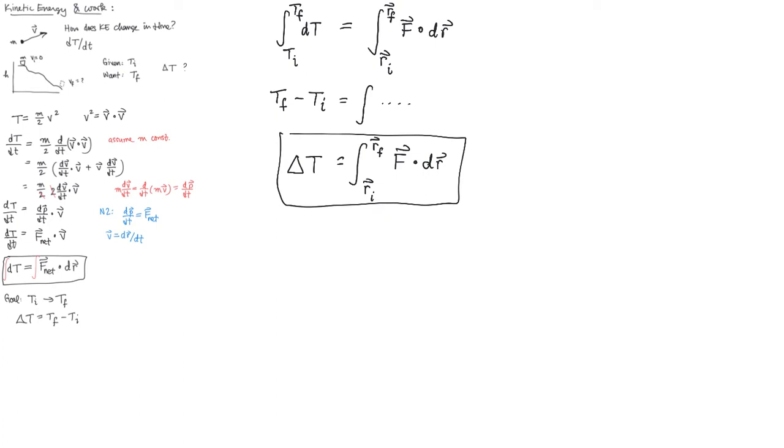And this is our so-called work kinetic energy theorem. Which says that in order to change the kinetic energy of this point particle, you must apply a force over a displacement such that the dot product of those two is non-zero, and you add up all of those units of work, or those incremental pieces of work, over the full path from the initial to final position.